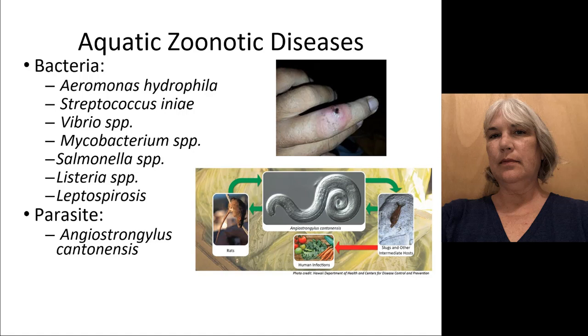In Hawaii, there is one parasite that has been a concern, Angiostrongylus cantonensis, which is the rat lungworm, and that is transferred through rats or slugs or snails. This is not a parasite of fish, but in aquaponics, it can get on your leafy greens and vegetables, and needs to be taken care of or washed thoroughly.